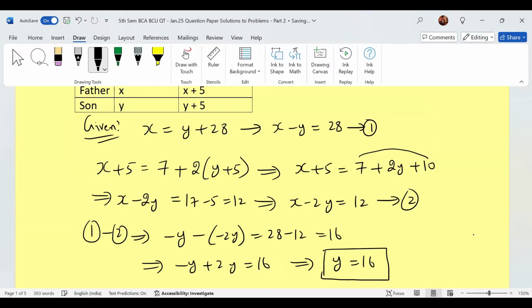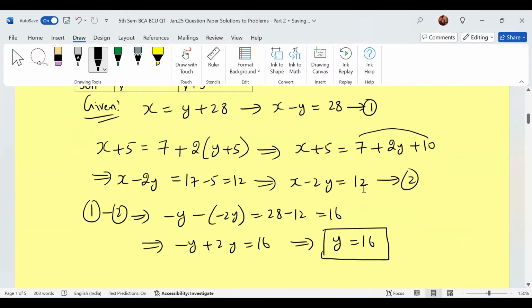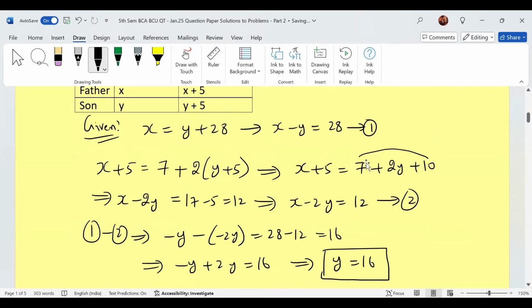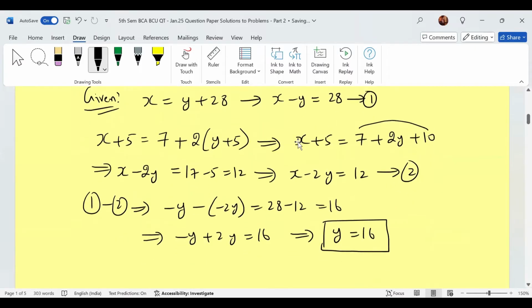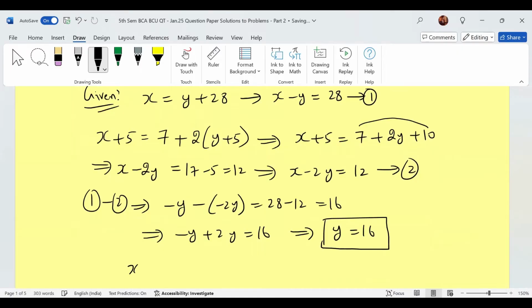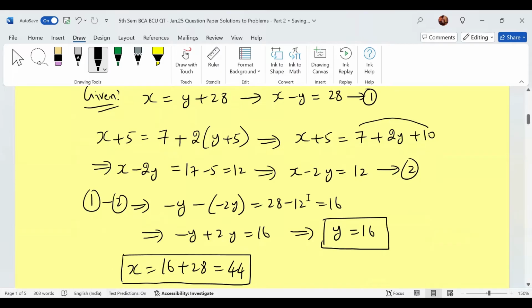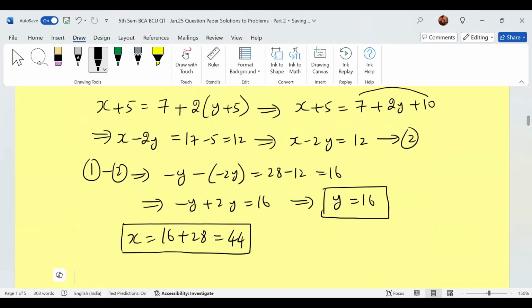Means the son's age is 16. Now we can find out the father's age, which is y plus 28. So x equal to 16 plus 28, which is 44. That will be the father's age. Question is asking us to find out their ages. So this will be the solution. Let us move on to the next question.